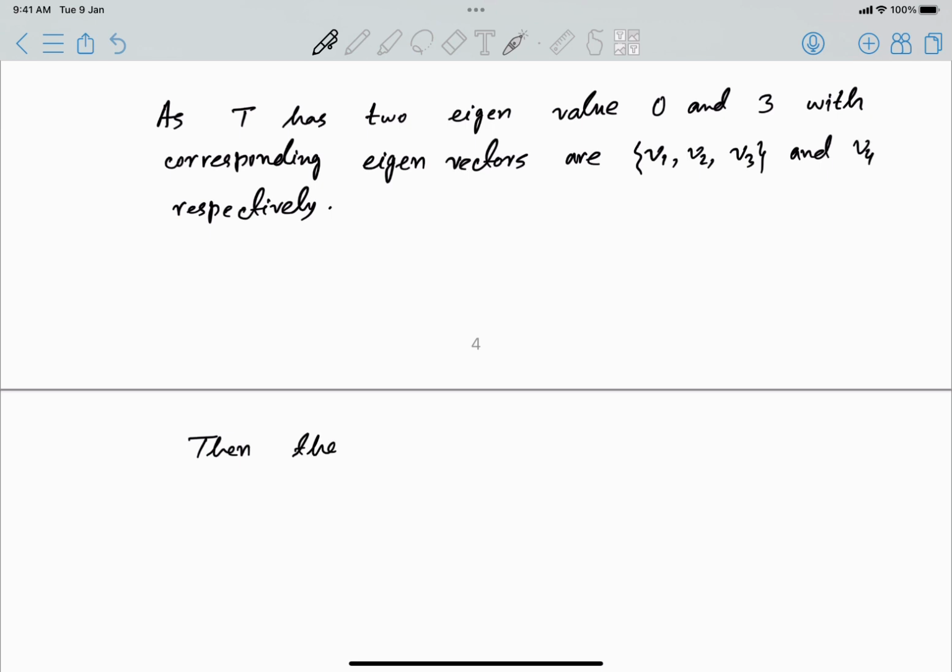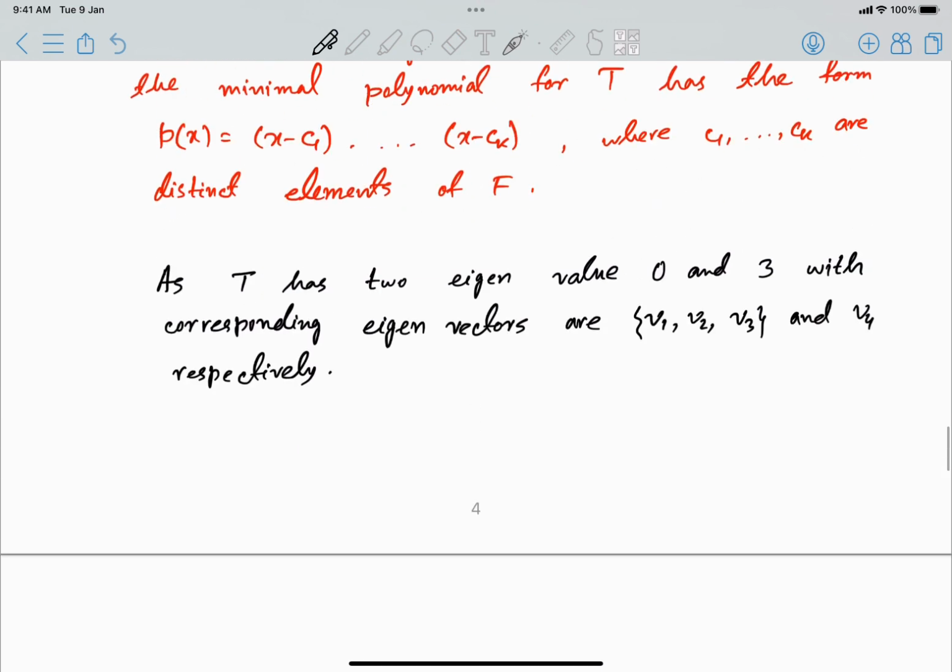The minimal polynomial will be a product of linear factors, and it has two different eigenvalues, 0 and 3.